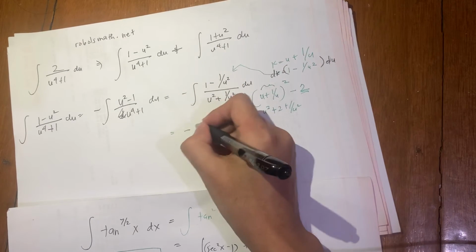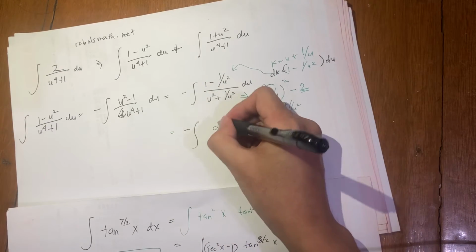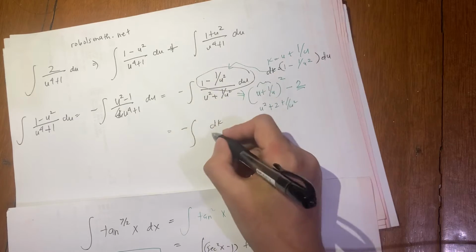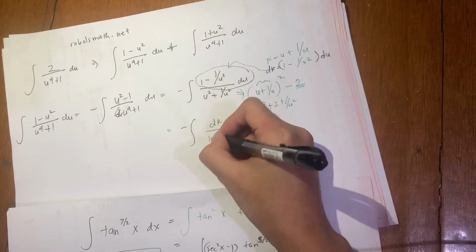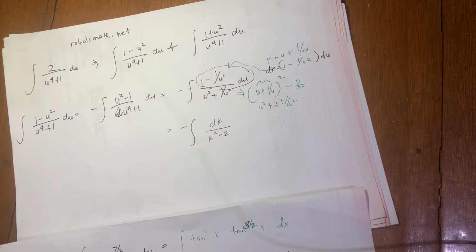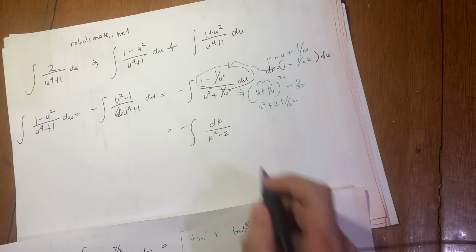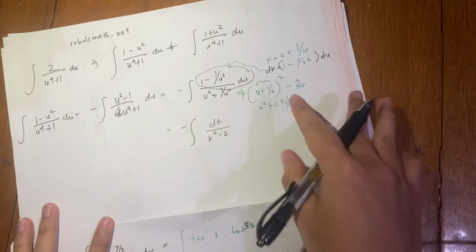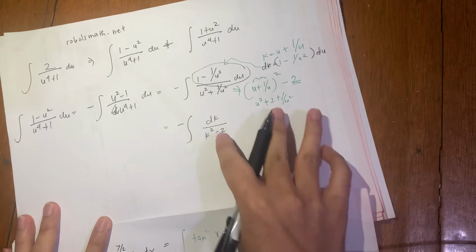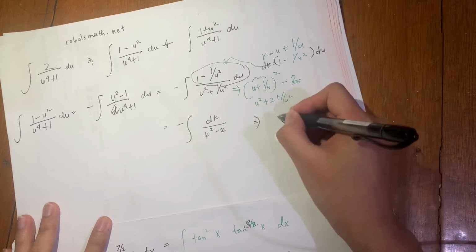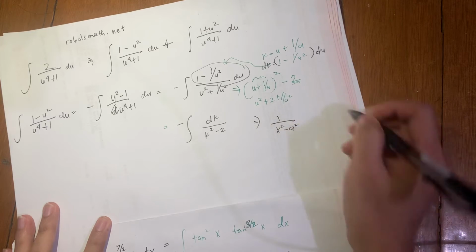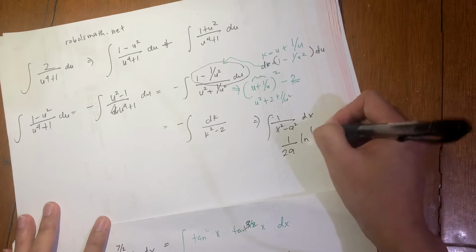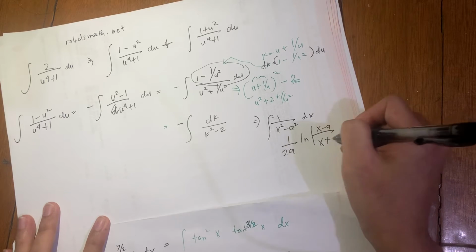So this becomes the negative of dk, which is the numerator, over k squared minus 2. Now if you've been following my blog and my other videos, I have already discussed that this integral is in the form 1 over x squared minus a squared, and the integral of that is 1 over 2a ln of (x minus a) over (x plus a).